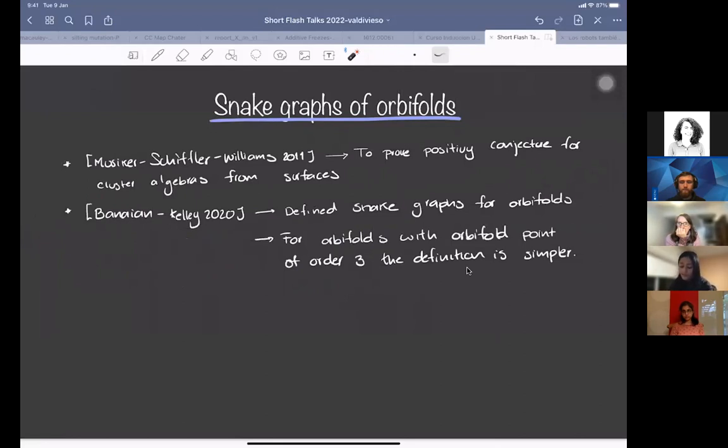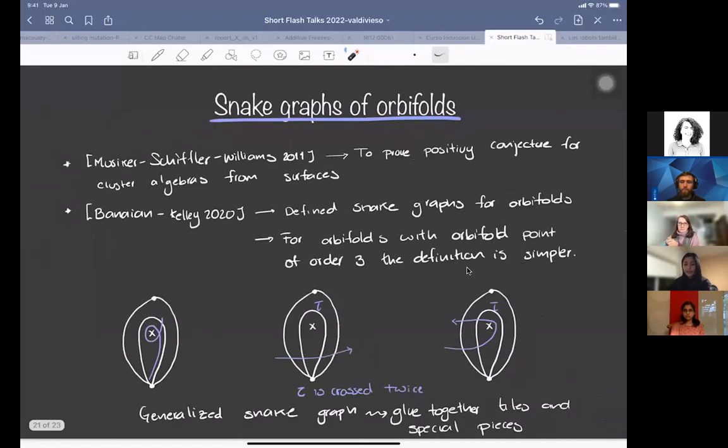The snake graph was defined by Musiker, Schiffler, and Williams to prove the positivity conjecture for cluster algebras from surfaces. And in 2020, Banaian and Kelley defined a similar combinatorial construction for orbifolds. However, if we consider orbifold points of order 3, the definition is simpler.